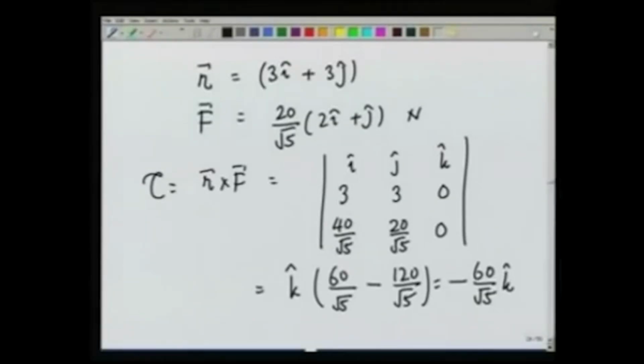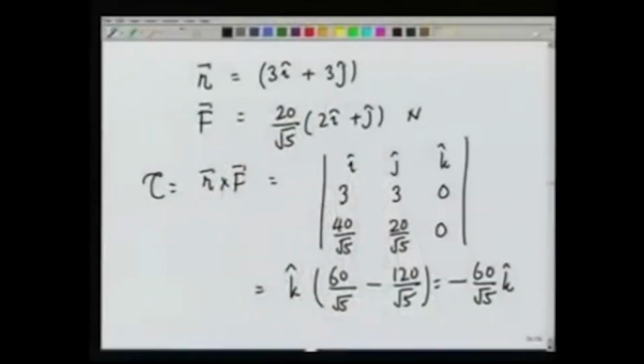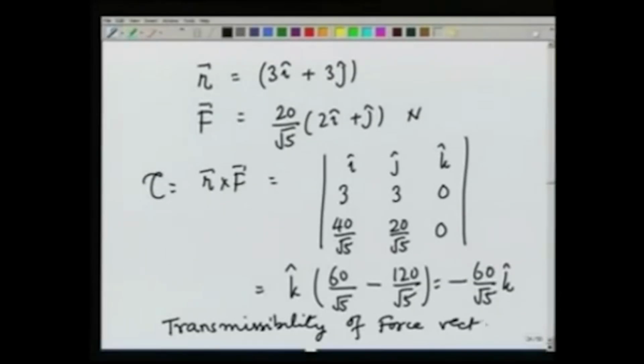And therefore, you see that no matter where I take the vector R to be along the line of application of the force, the torque comes out to be the same. This is also an example of transmissibility of the force vector that we talked about in the previous lecture.